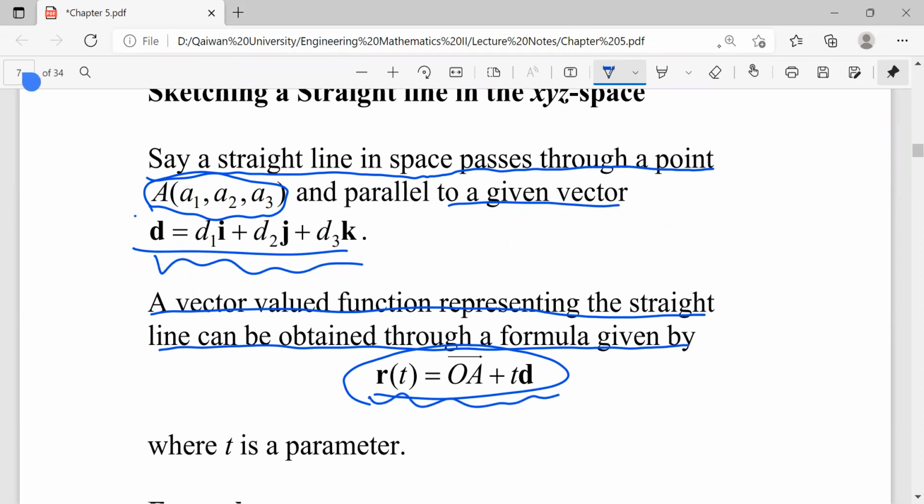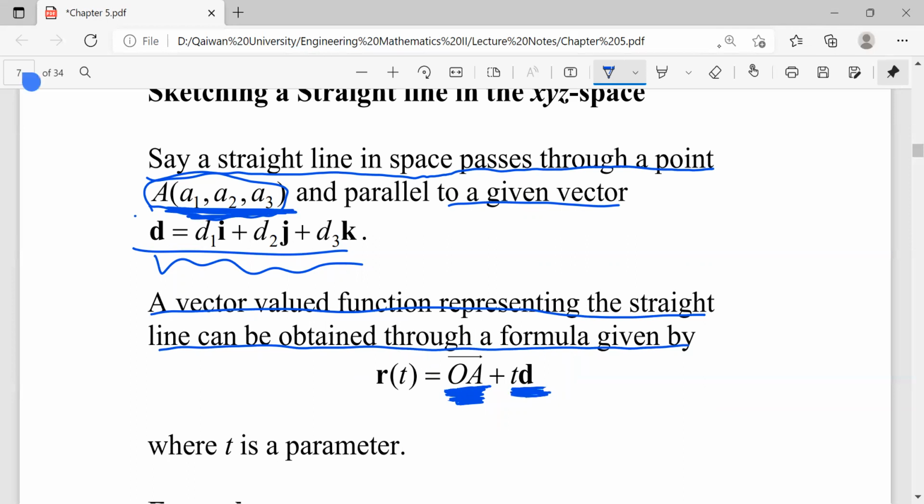R of t is the vector valued function which represents the equation of the straight line. It equals OA, the vector from the origin to the given point A, plus t times d.